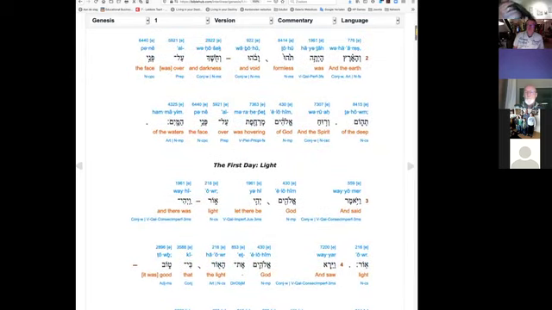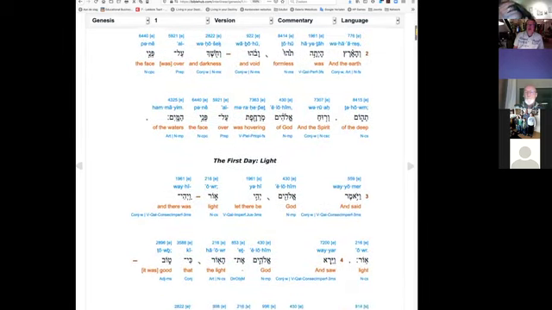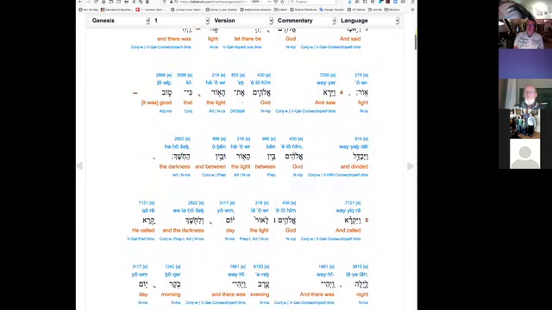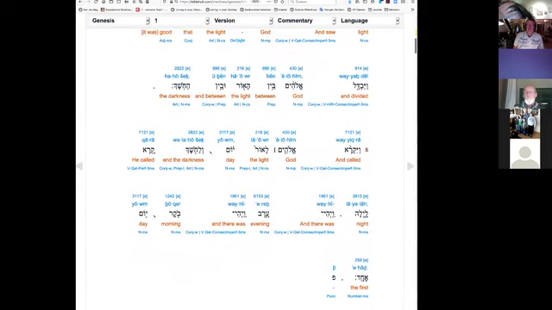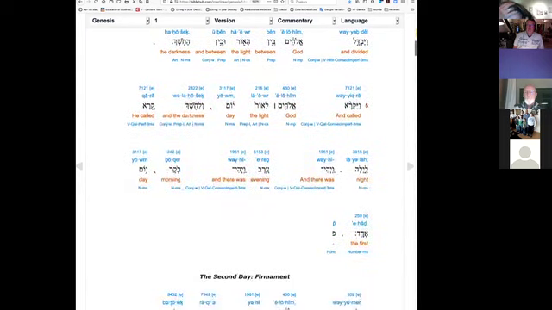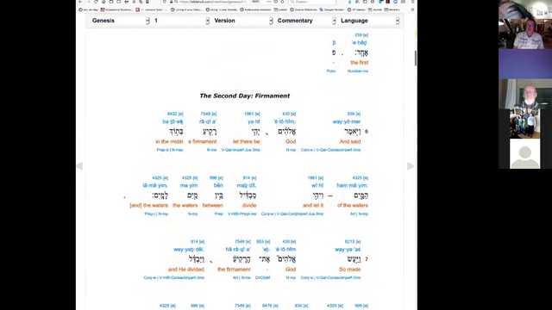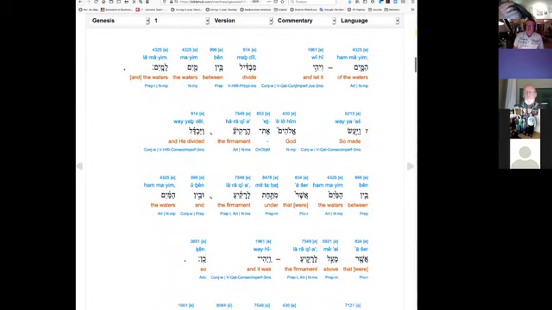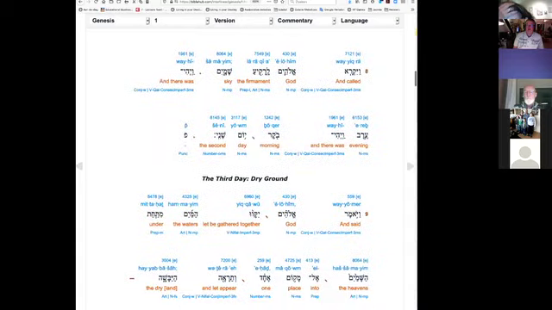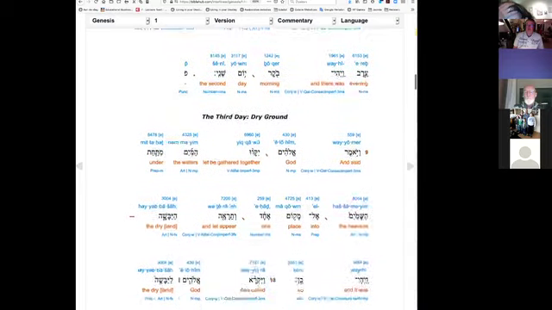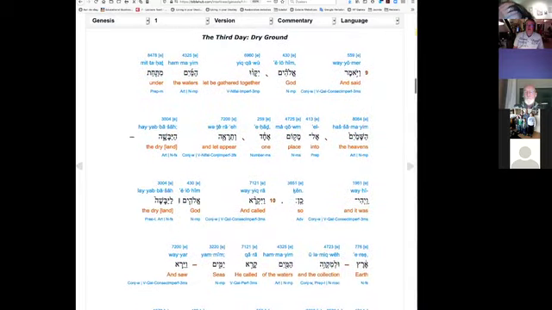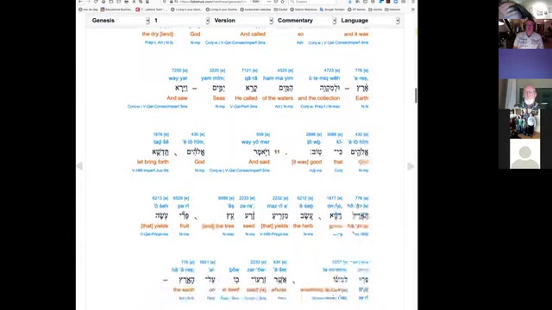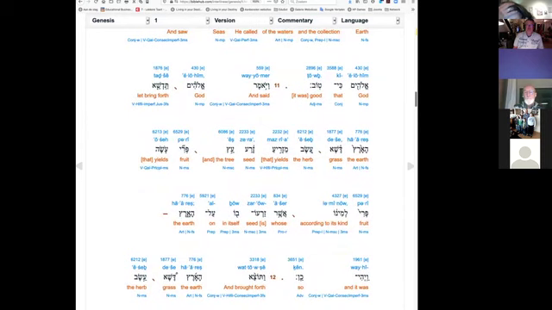Verse 2, V'haaretz. Verse 3, Vayomer. Verse 4, Vayar. Verse 5, Vayikra. Verse 6, Vayomer. Verse 7, Vayaas. Verse 8, Vayikra. Verse 9, Vayomer. Verse 10, Vayikra. Verse 11, Vayomer.